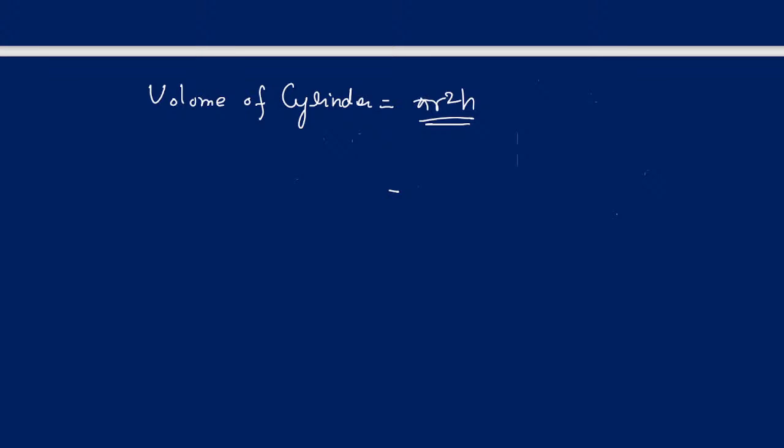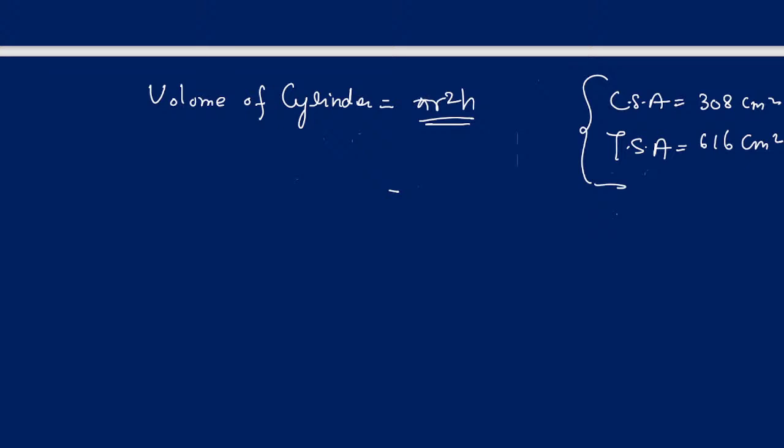You know that the curved surface area is 308 centimeter square and the total surface area is 616 centimeter square. We know that, and we have to calculate the volume of this cylinder.